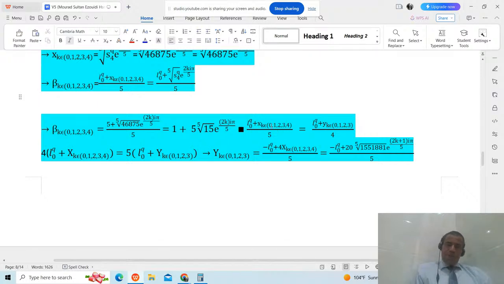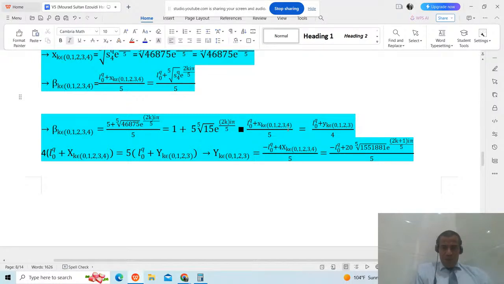If it is a polynomial to the power 5, the beta or alpha is L0 for the cube plus x1 plus x2 plus x3 plus x4 plus 1 of this value, equal to L0 for the cube plus y1, y2, y3 plus 1 of the value over 4.